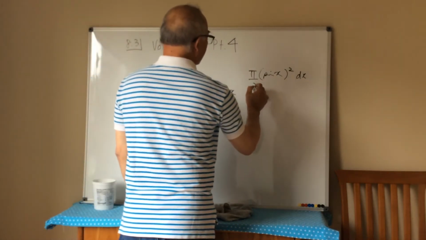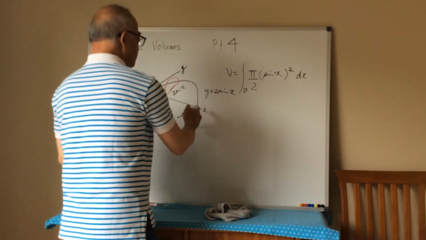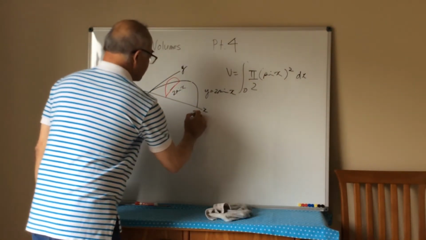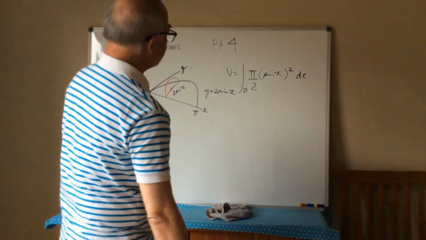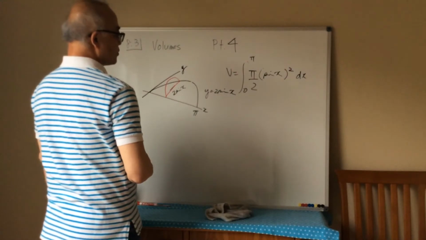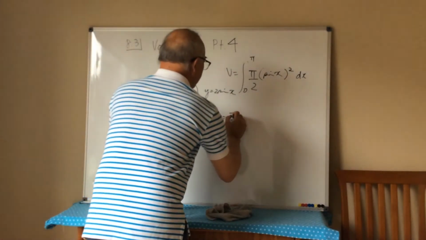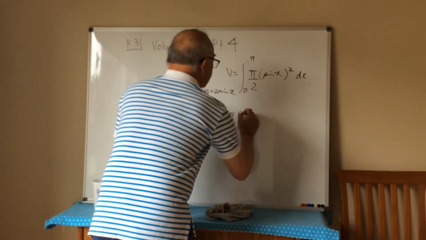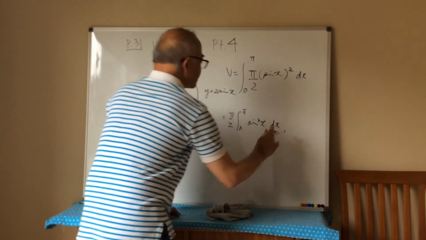So it's that divided by 2, and we're going from 0 to pi. So we're going to get pi over 2, integral from 0 to pi, sine squared x dx.